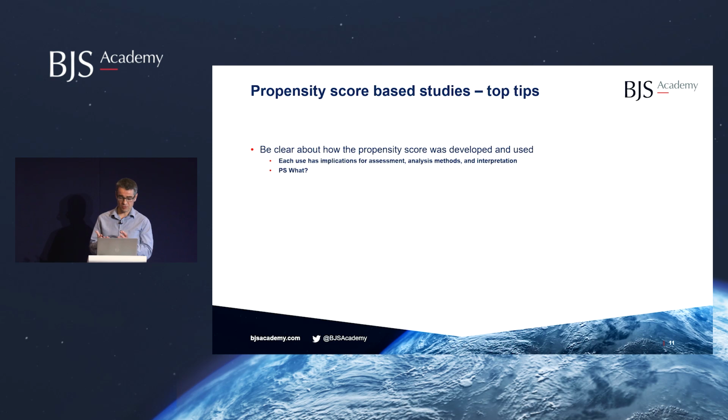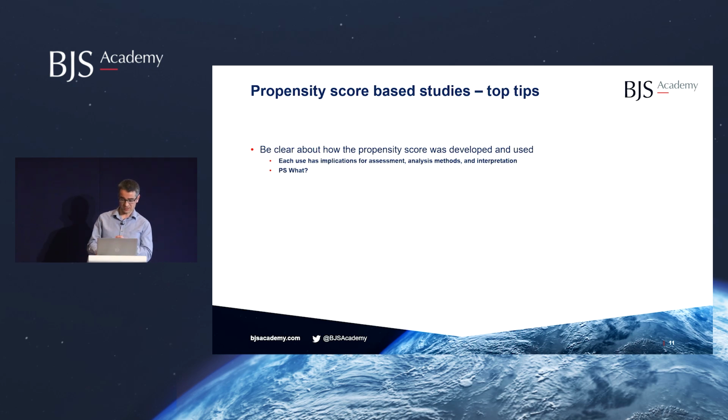And just be clear about what you've done. I did review a propensity score matching study recently that didn't tell us how the propensity score model was produced. Now, almost always it's logistic regression, but it's your onus to write that and explain what you've done, even if it's what most people do or you think it's obvious, because strictly speaking it's not necessary to do that. It's important to be clear, for the sake of transparency, about what you have done. And whatever you do affects your interpretation.